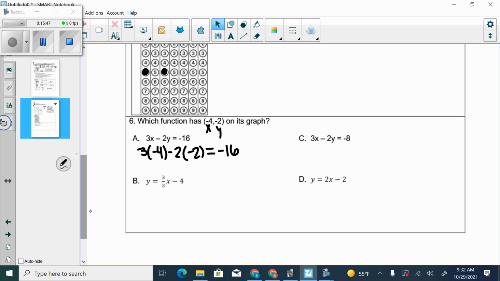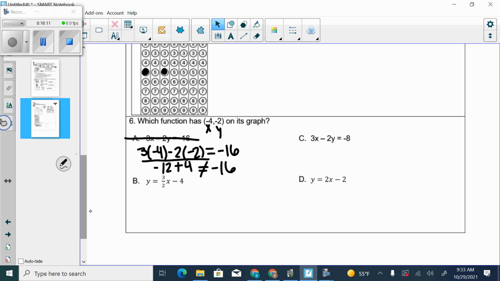So if I type all of this in my calculator, 3 times -4 is going to give us -12. And -2 times -2 is +4. Well, -12 plus 4 is not equal to -16, so it cannot be answer choice A. And we would do the same thing for each of these.